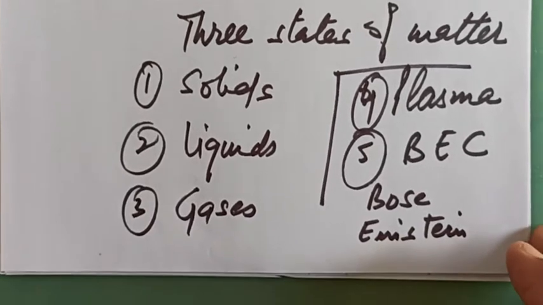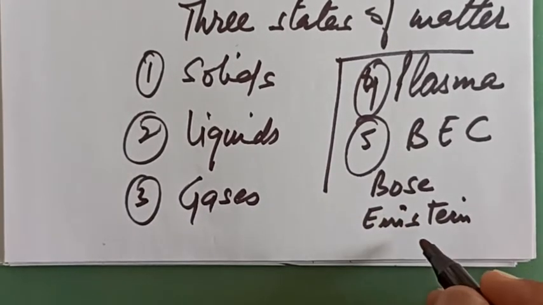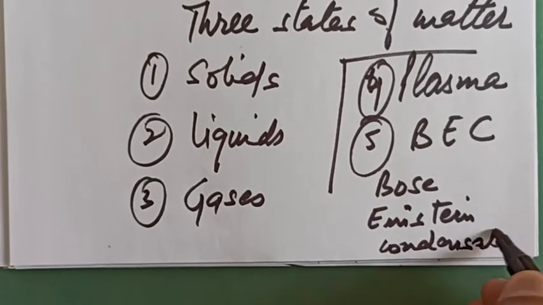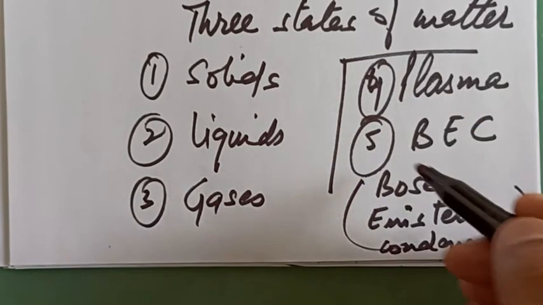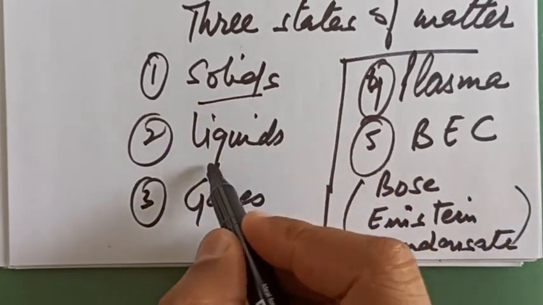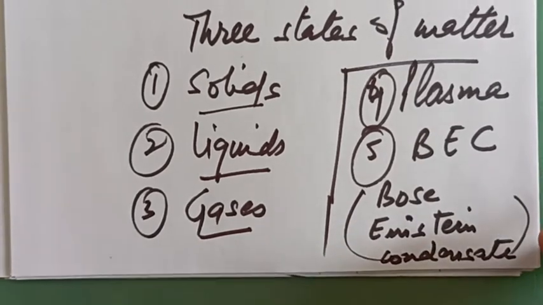Please remember the spelling of Einstein. Condensate comes from condense. We will discuss these two later on, but now we will discuss solids, liquids, and gases in detail. Okay, understood?